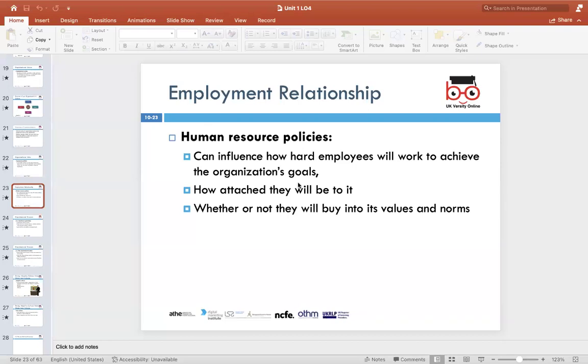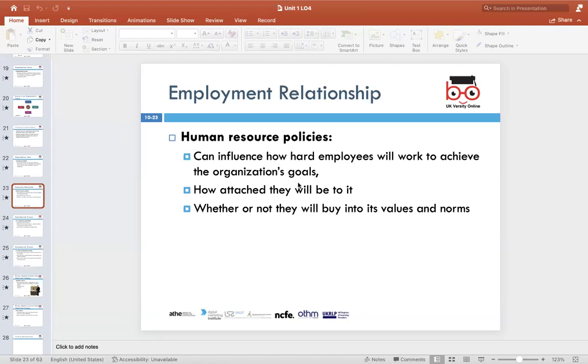Now we're going to talk about ER, or employee relationship, which is how different human resource policies can influence how employees work or how employees are pushed towards achieving the organization goals, and how attached the associates are to the different organizations. As a simple policy, the productivity levels can be checked in terms of how motivated associates are to perform in a specific job role.